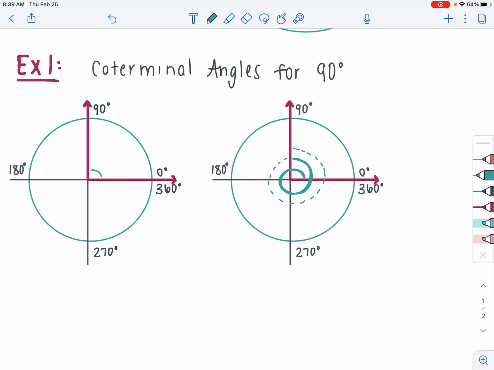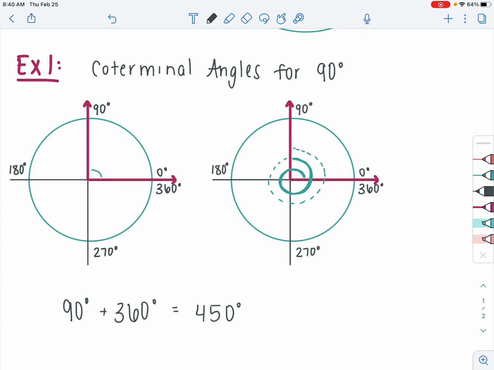If I wanted to calculate what 90 degrees' coterminal angles are, I'm just going to take my 90 degree measure, and I traveled a full time around the circle, so I traveled around 360 degrees, so I add them together. 90 plus 360, I get 450 degrees.